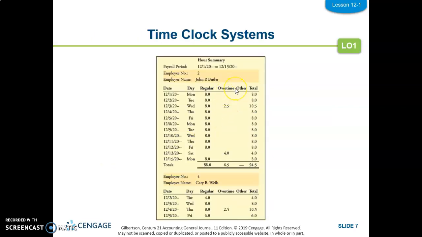And this next slide that you, I think, have as well in your packet is just the summary by individual that the payroll clerk would print out of their time device in order to summarize what they need to do the payroll for all employees.